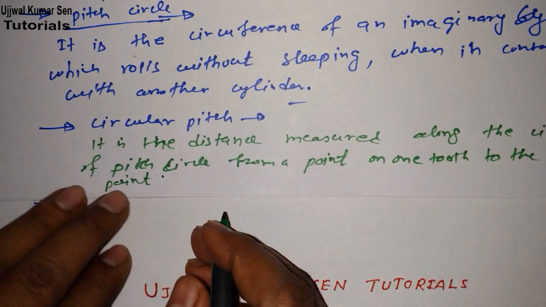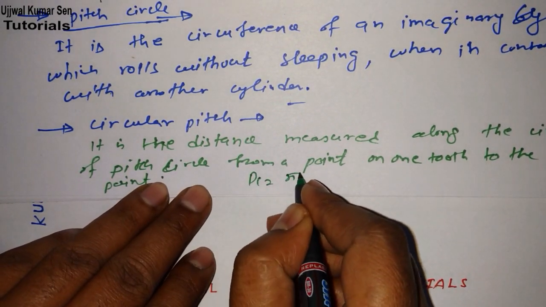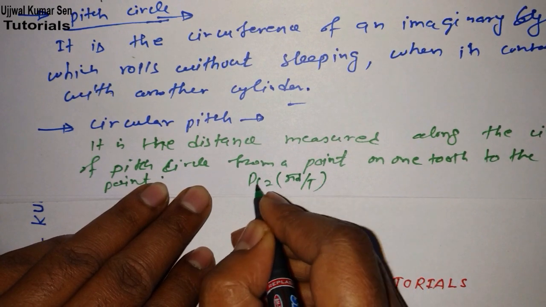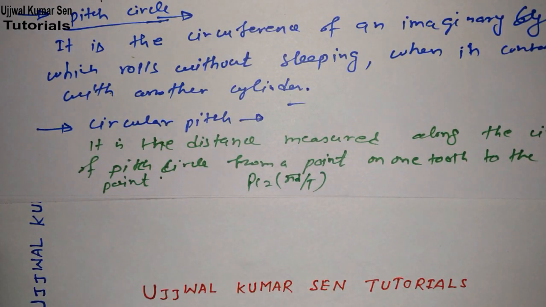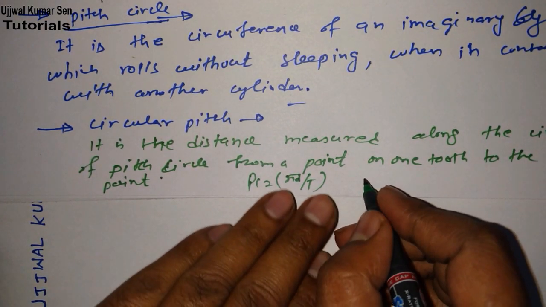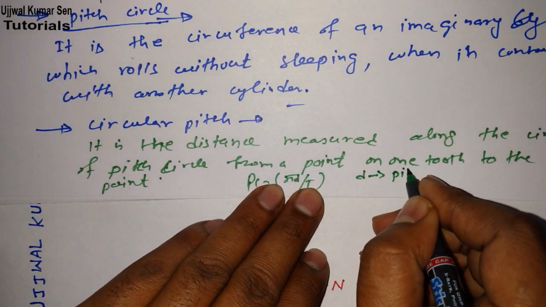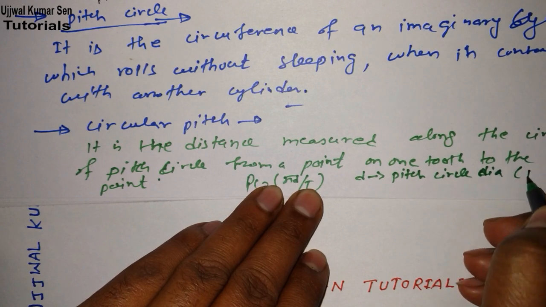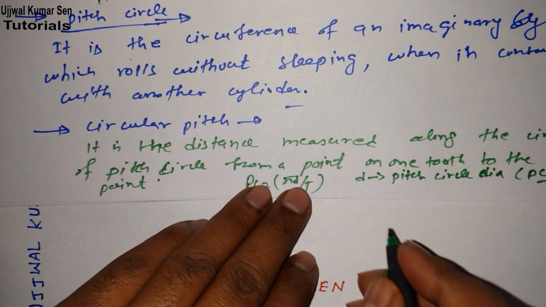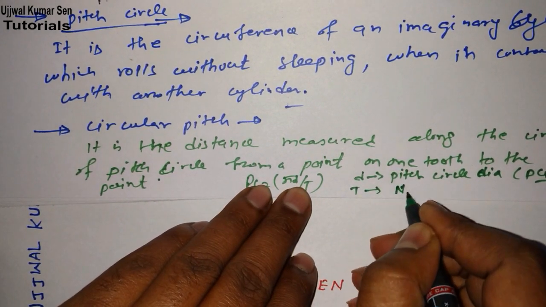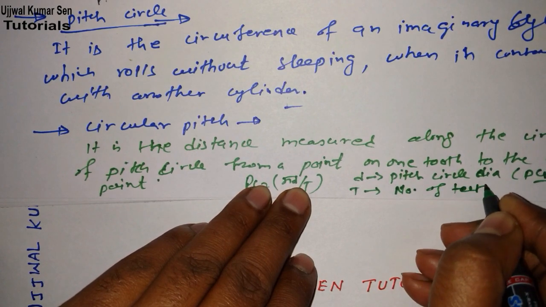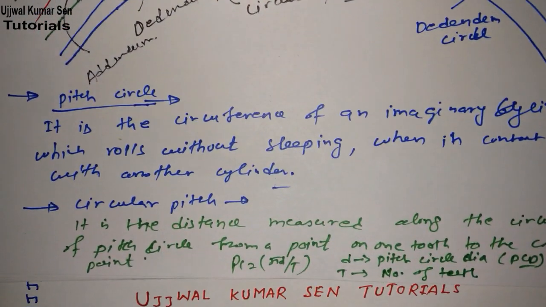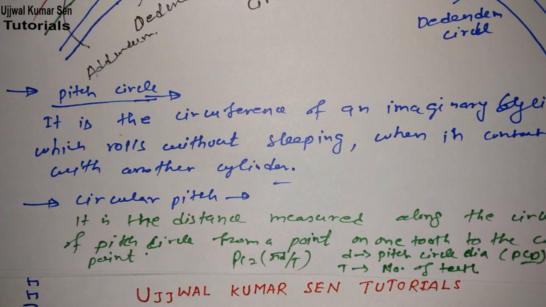And here what we got, PC is equal to pi d by t. This is the formula. PC is known as circular pitch, d is pitch circle diameter, in short we know this as PCD, and T is number of teeth. Remember that.